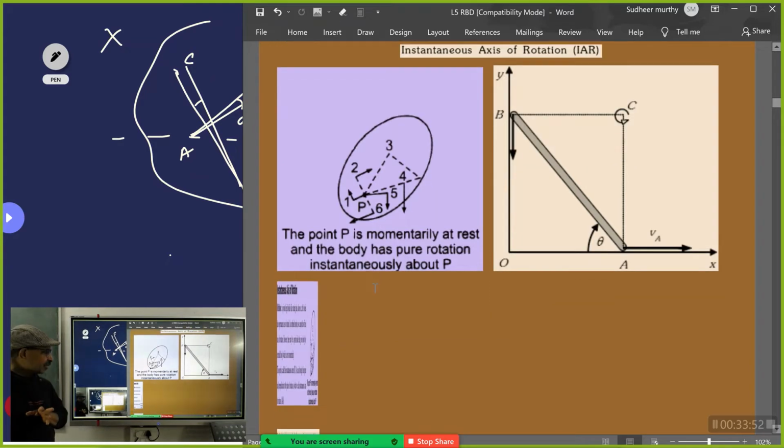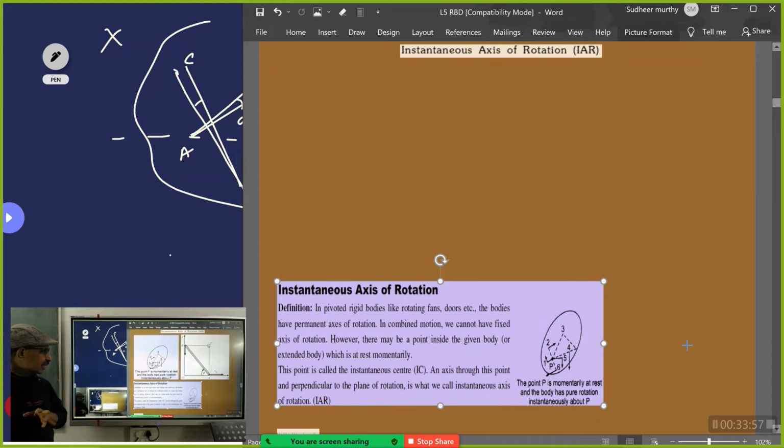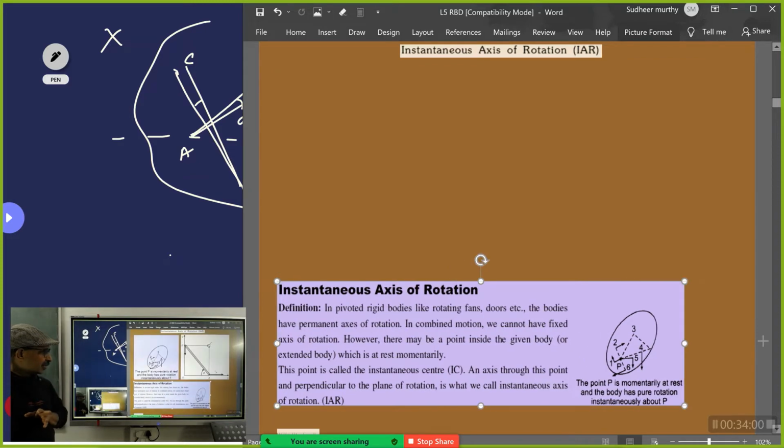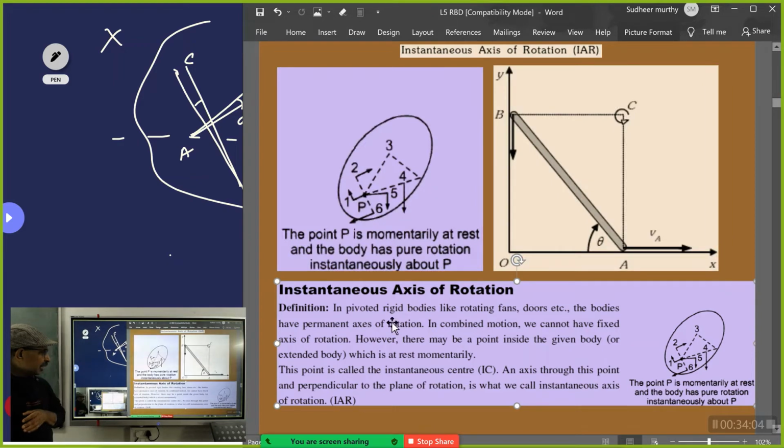This is a concept that is created here. Please read this. In pivoted rigid bodies like rotating fans, doors, etc., the bodies have a permanent axis of rotation. In combined motion, we cannot have a fixed axis of rotation. However, there may be a point inside the given body or extended body which is at rest momentarily.